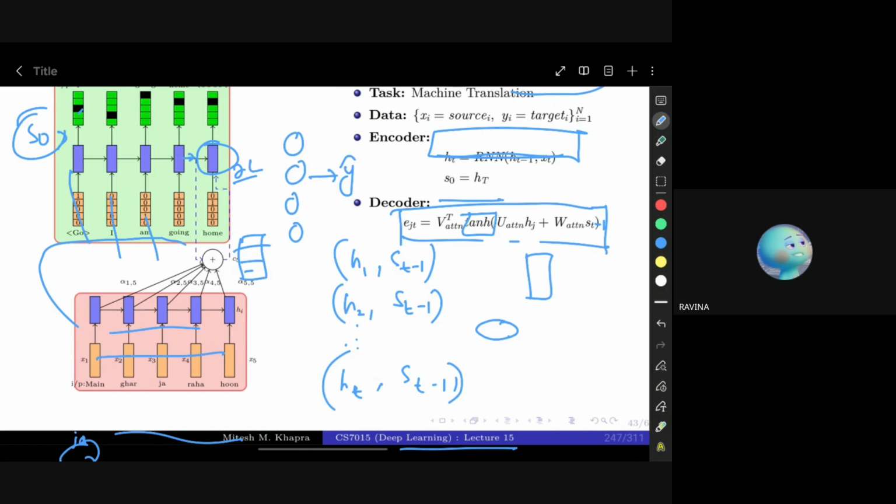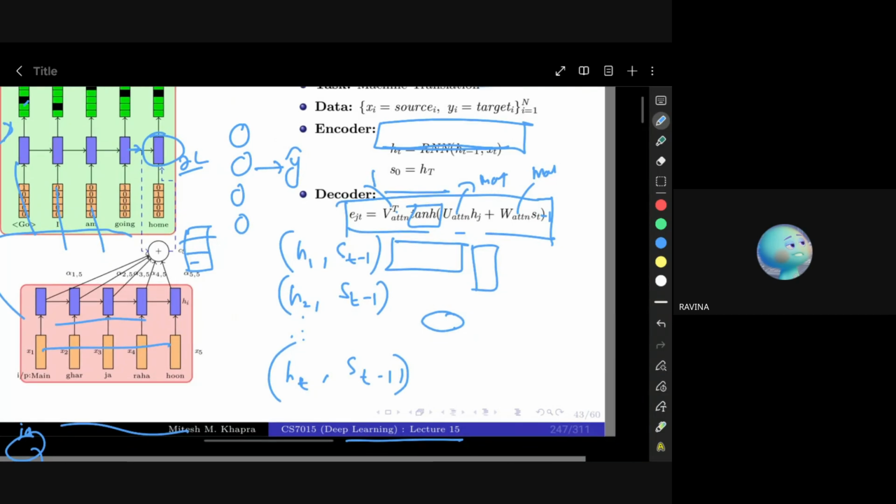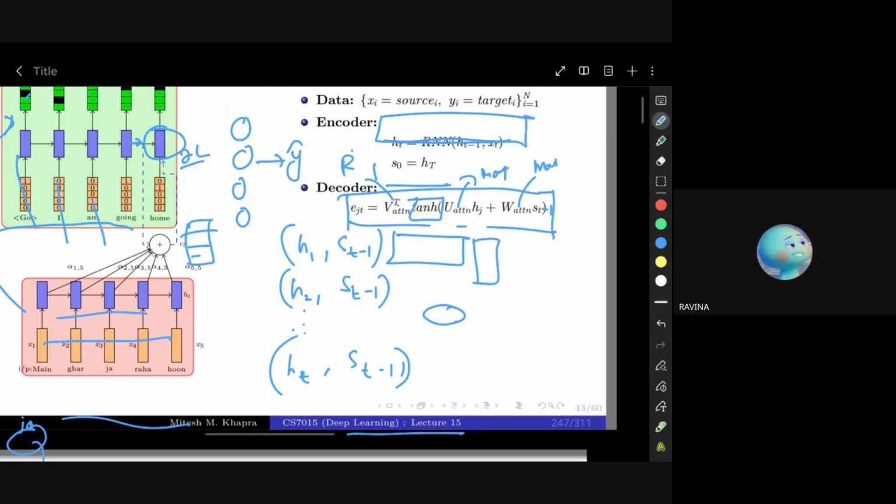So v transpose is just a row, a row of parameters. U and W are going to be matrices, but this v attention is going to be just a column, or you can say one dimension of parameters. So that many parameters will be there, and these are all parameters. V, U, and W are the parameters in this case, and using that I can compute e_jt.